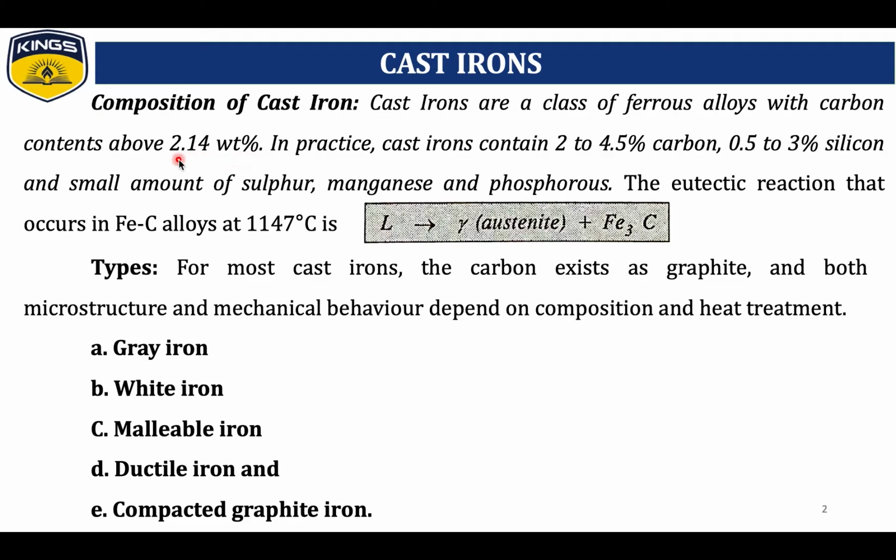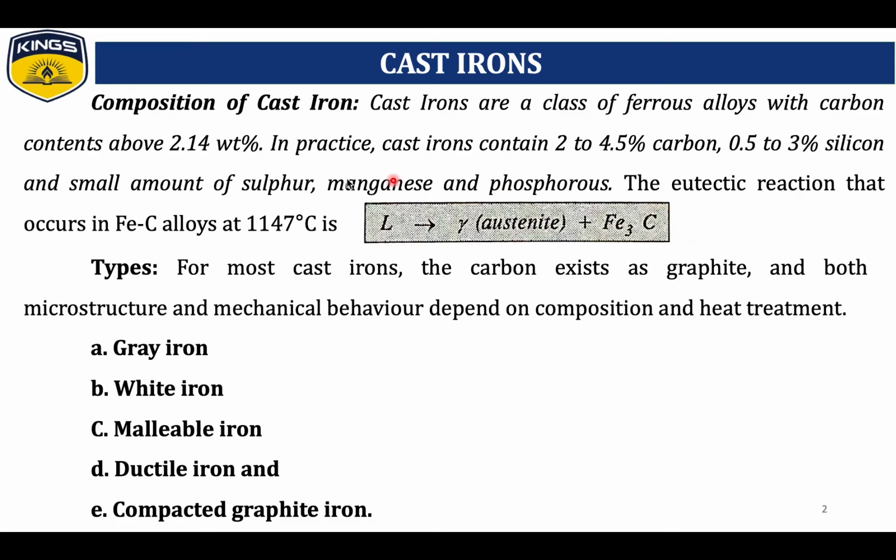This is the most important. In practice, cast iron contains 2 to 4.5 percentage carbon and 0.5 to 3 percentage silicon and some amount of sulfur, manganese and phosphorus. We have to keep in mind that these percentages are weight percentages.